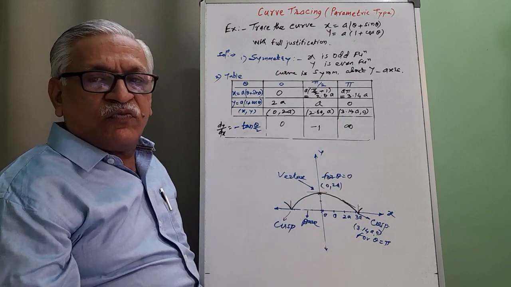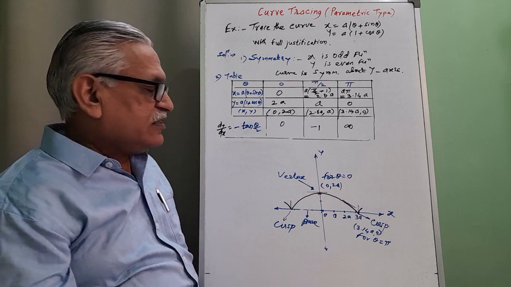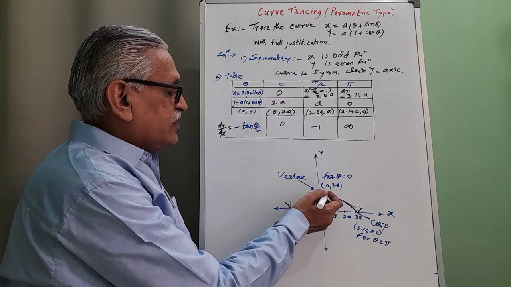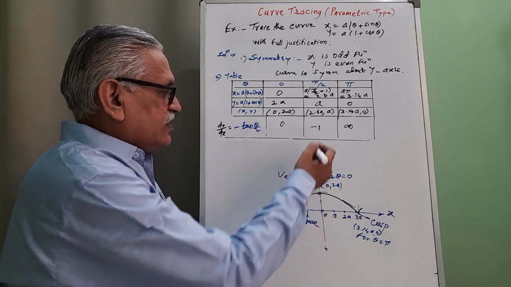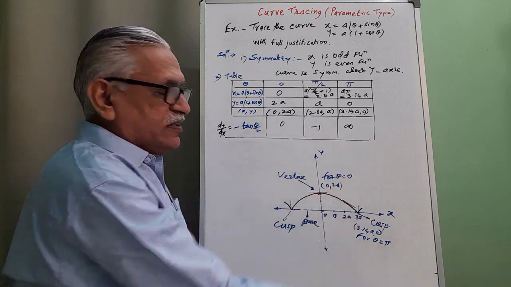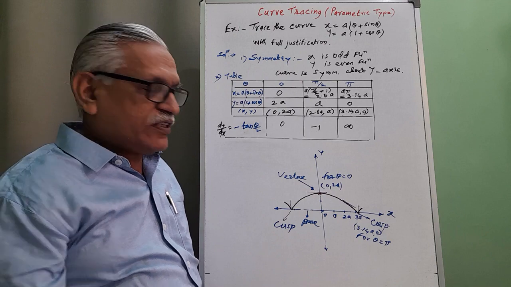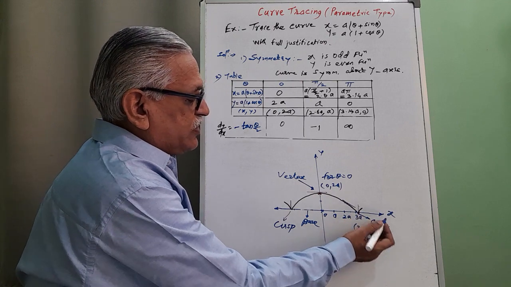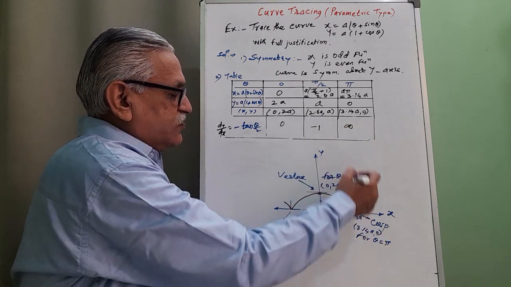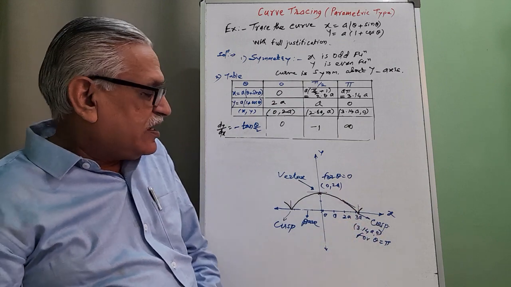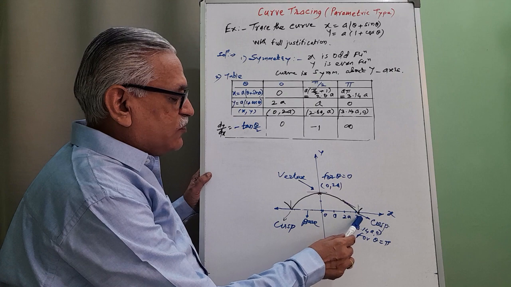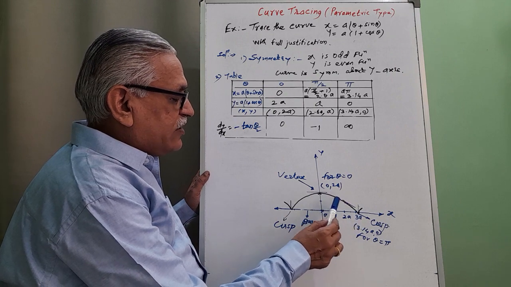At that particular point, before connecting it, try to show the tangent. Here the tangent slope is 0, meaning a line parallel to x-axis. Here the slope is -1, meaning that tangent is making an angle of 135 degrees with positive x-axis, and this tangent with slope infinity means perpendicular tangent. And then join the 1, 2, 3 points touching that line only.